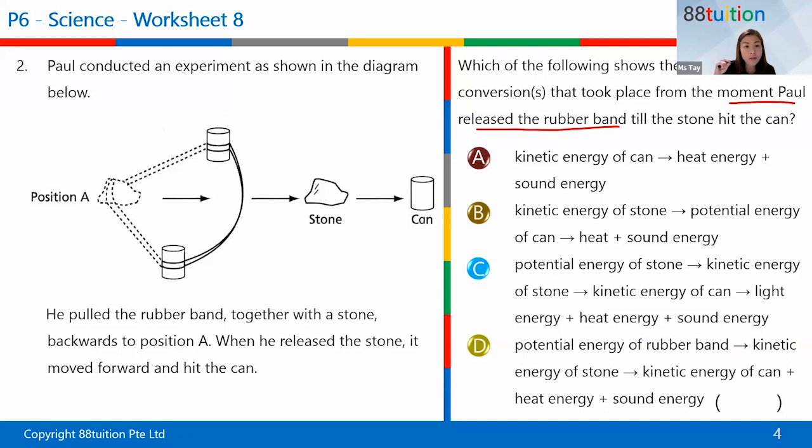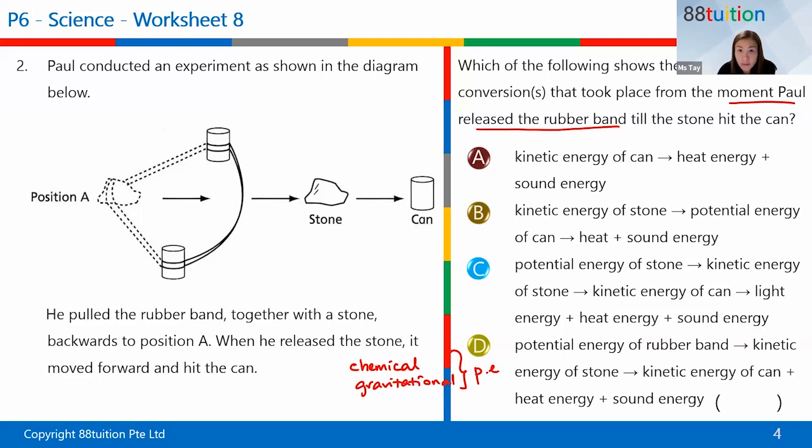So the rubber band has got a lot of elastic potential energy. You all recall this? Instead of elastic potential energy, I think we also discussed before that all these, chemical, gravitational, we can actually just call them potential energy. Do you still recall?